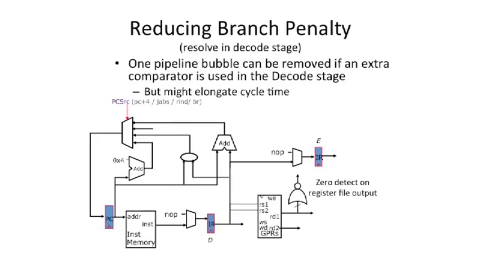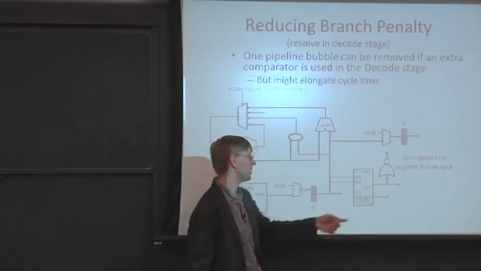One of the interesting things is that a 0 detector is actually a little bit easier than doing a full comparison with 0. Because to do a 0 detect, you can basically build an optimized OR tree and then take the negation of it. Sometimes people even do this with wired-OR or more analog-y circuits.